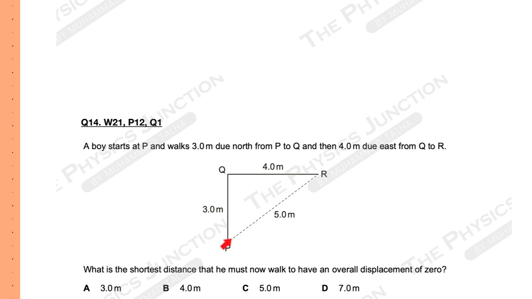So what he could do is walk exactly in the reverse of how he walked previously, but that's not going to be the shortest distance he could walk. The shortest distance is if he does not make any turns, and from wherever he is, he just walks back in a straight line to P. So in this case, the answer would be C, which is 5 meters.